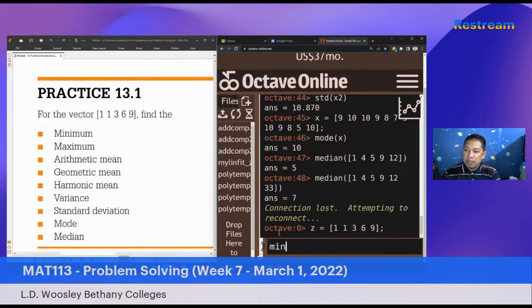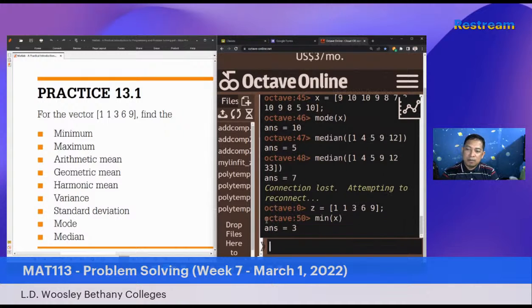We'll solve for the minimum value, just press minimum of x. Yeah, minimum of x is 3. Then the maximum value, rather, sorry, not x, but z.